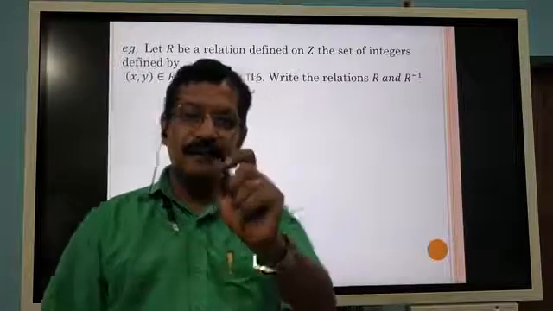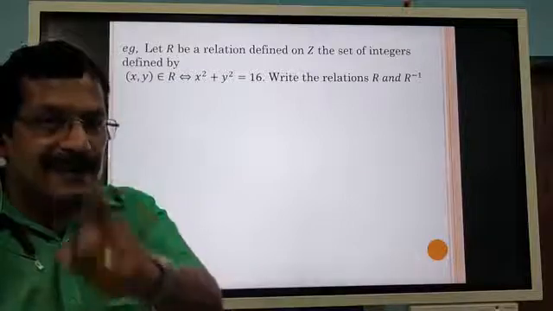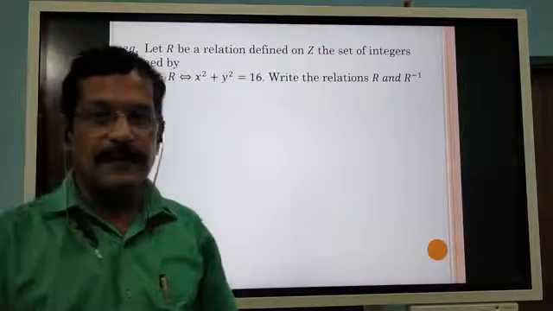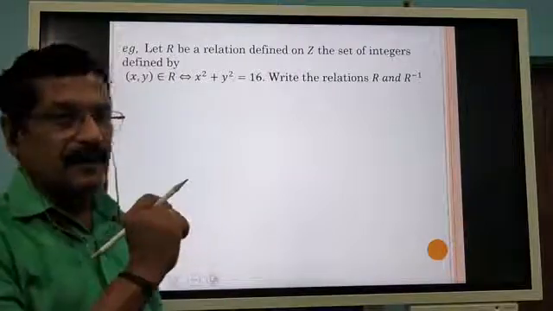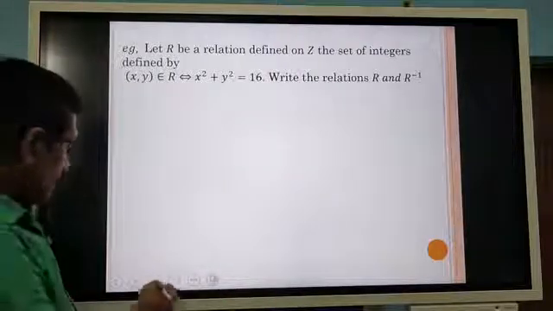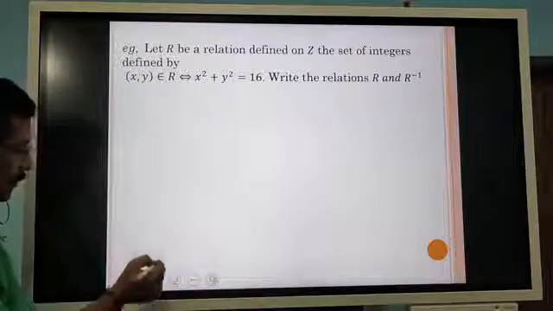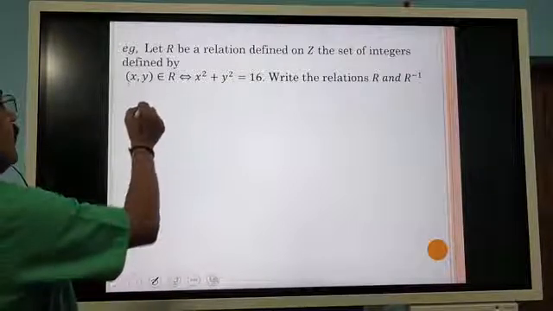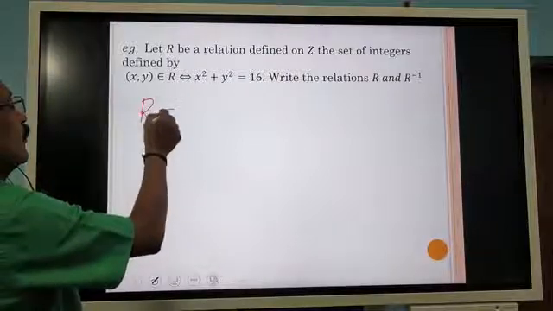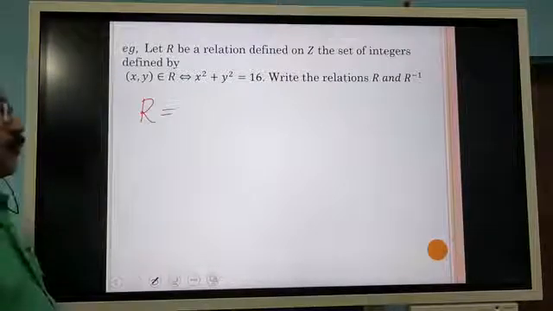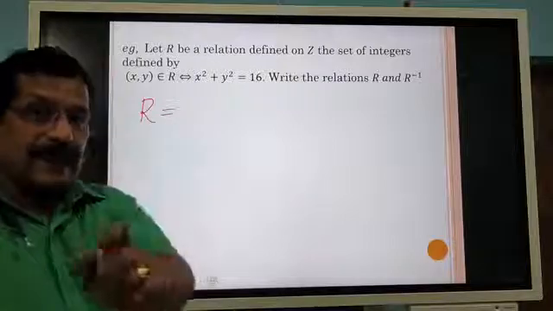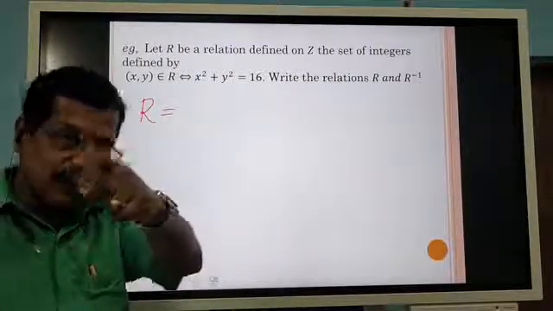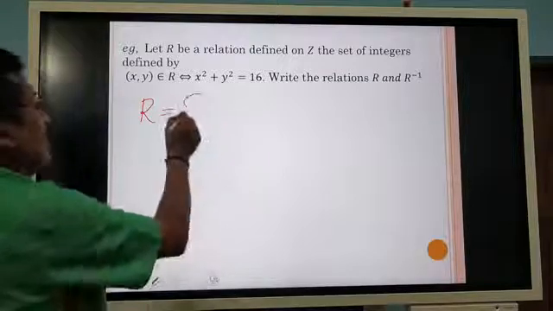Relation R is the set of all integers satisfying the condition x square plus y square equal to 16.